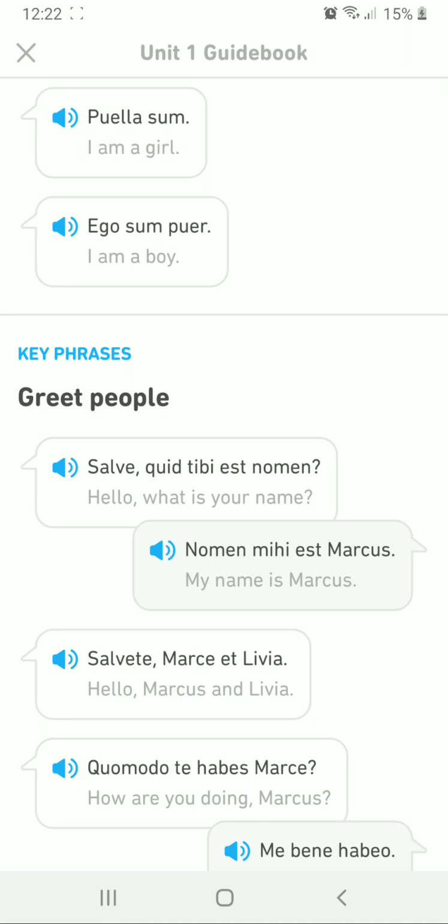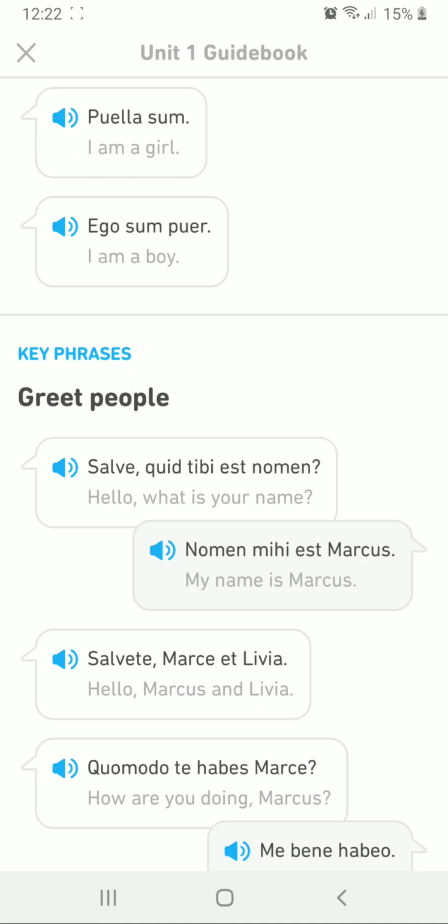Salve Marce et Livia. Here we see that Marcus is written as Marce. Salvete Marce et Livia.